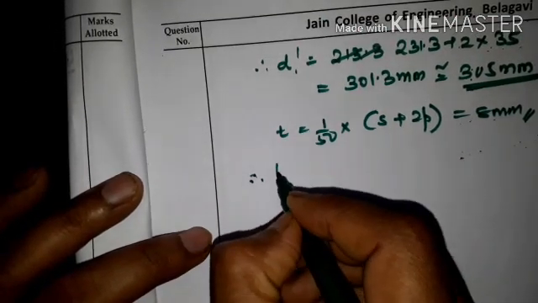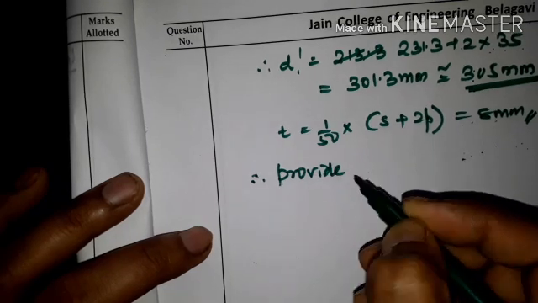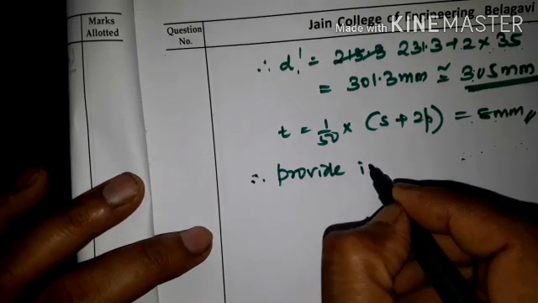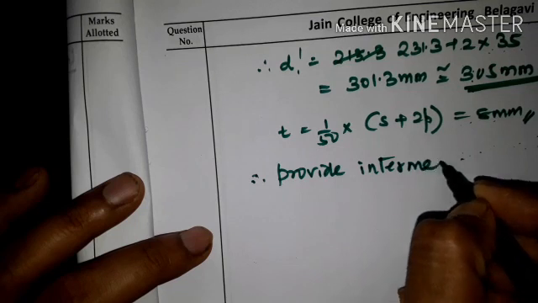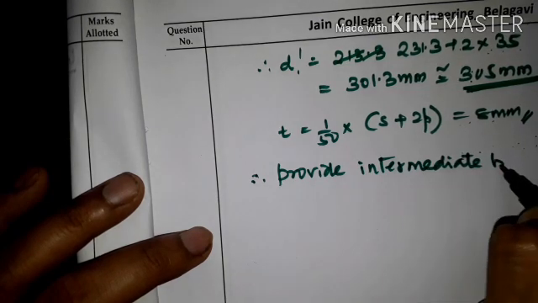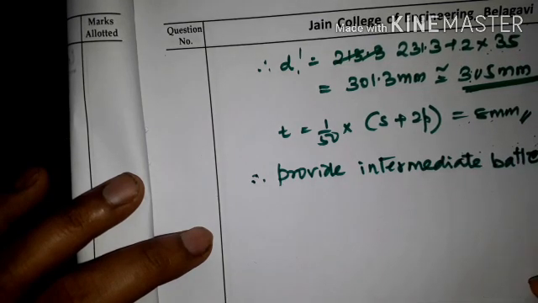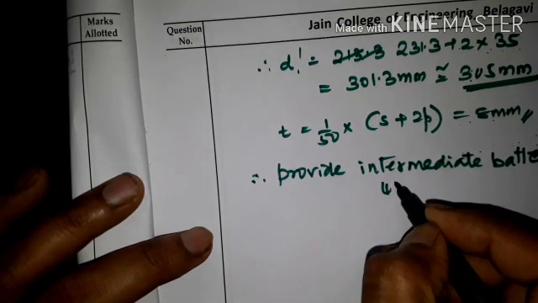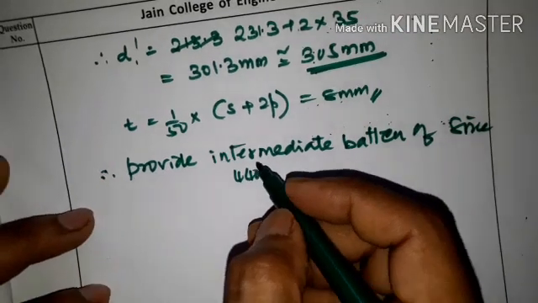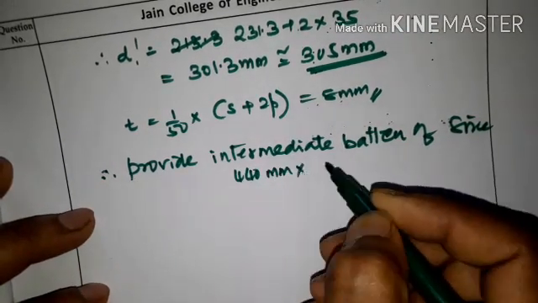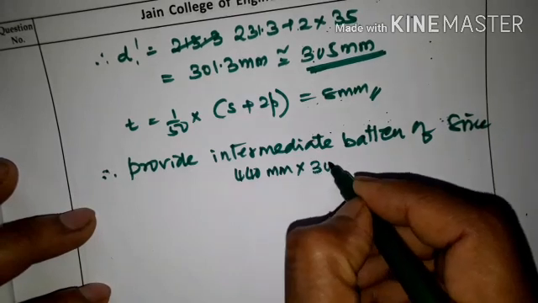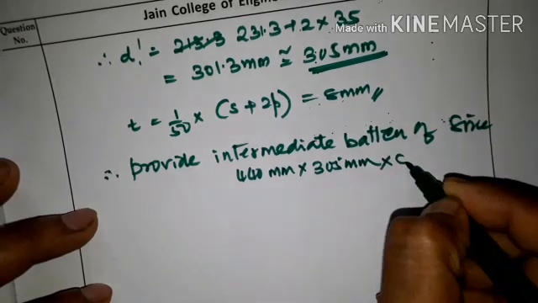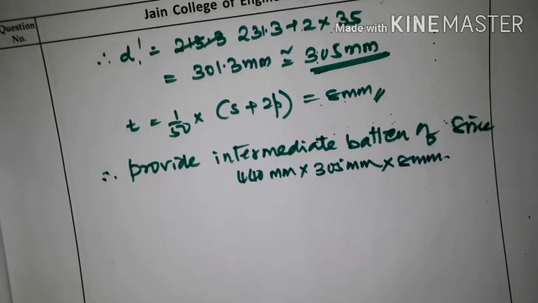So therefore provide intermediate batten of size 440 mm by 305 mm by 8 mm. Okay. This is for intermediate batten.